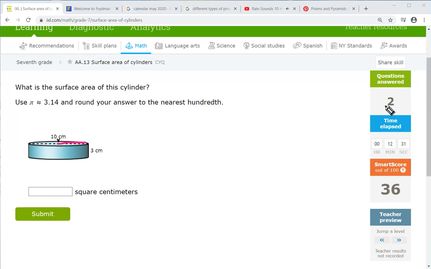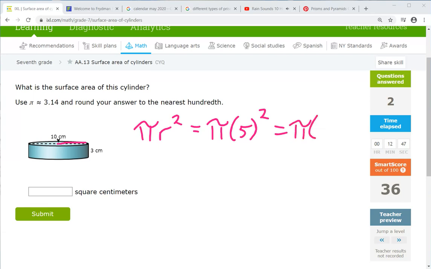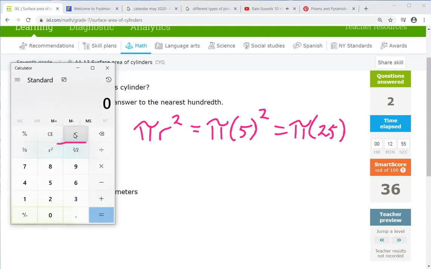And whoops, I just erased my pi r squared. So our pi r squared is going to be pi times 5 squared. But 5 squared, meaning 5 times 5, is 25. So we get pi times 25, which is approximately 75, because pi is about 3.